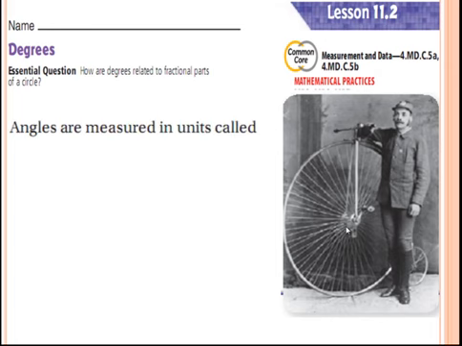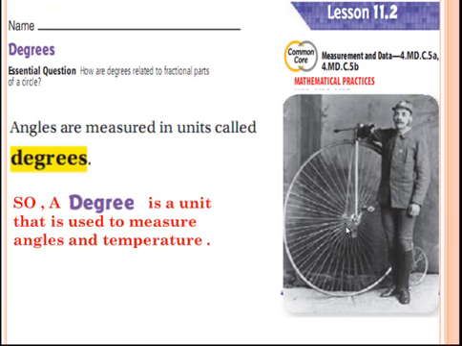Angles are measured in units called degrees. So a degree is a unit that is used to measure angles and temperature. And it has a symbol. The symbol for degrees is a small circle, as you see.